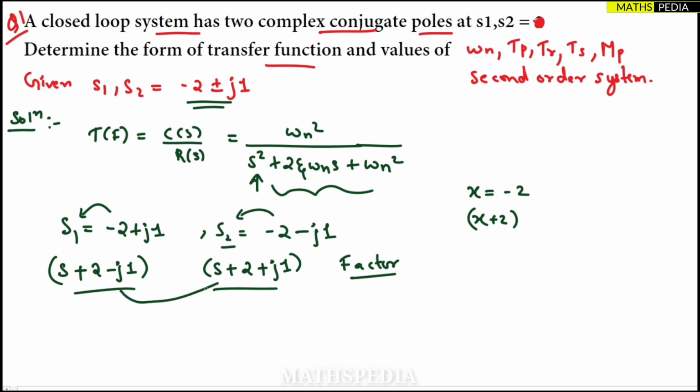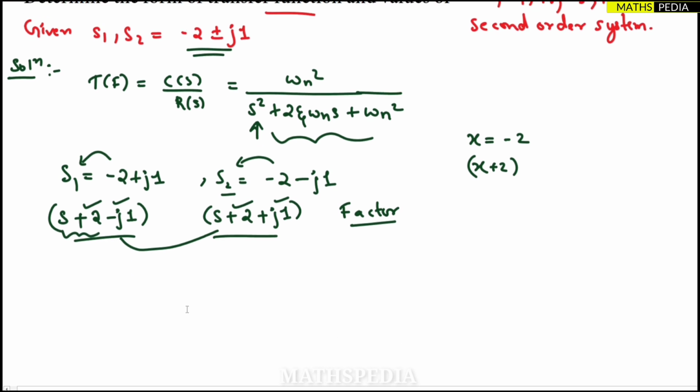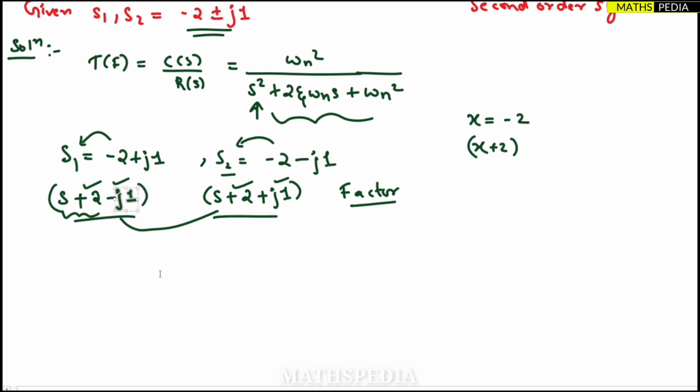Now this is in which form? If we observe carefully, it is in a minus b into a plus b. What is a here? A is nothing but s plus 2, and b is nothing but J1. So a minus b into a plus b. What is the formula? a square minus b square. So we simplify: the square of s plus 2 is s square plus 2 into s into 2, plus 2 square.